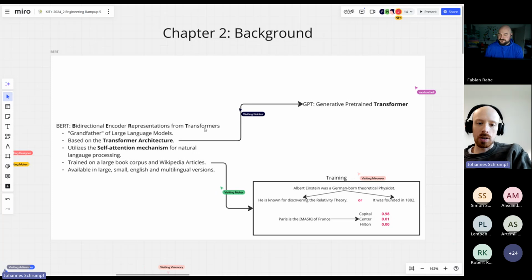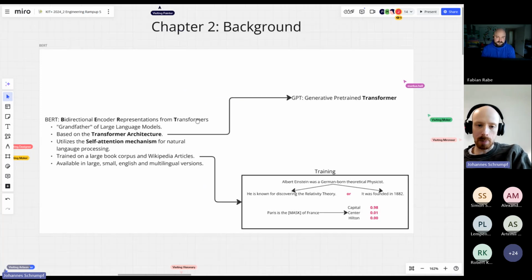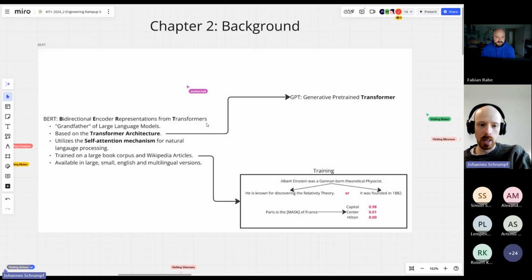Maybe you have also already encountered this term transformer whenever you looked up what ChatGPT actually stands for. ChatGPT stands for generative pre-trained transformer. So BERT and ChatGPT have the same lineage, or they come from the same idea, basically.